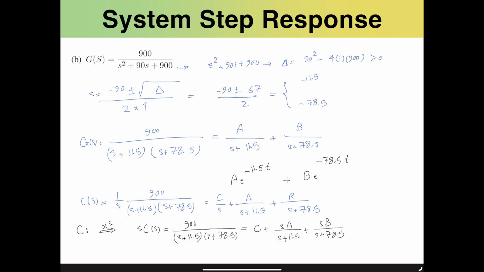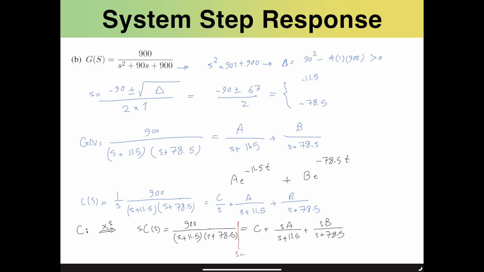Now, if we evaluate both sides at s equals 0, we can easily see that these two terms would go to 0. And then on the right side, we'll be left with C, and the left side just needs to be evaluated at s equals 0.